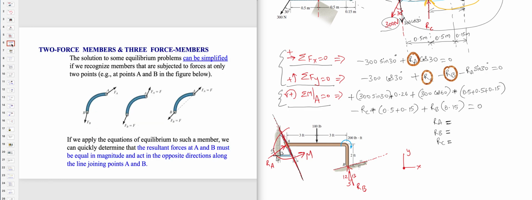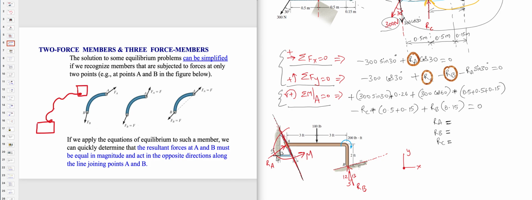One other thing that we need to understand is it doesn't depend on the shape of the member. For example, let's take a member which is like this, a complicated shape, but it is attached here and here. Let's say there is a system here, and let's say there is a system here.